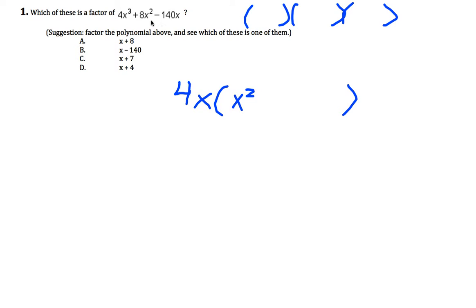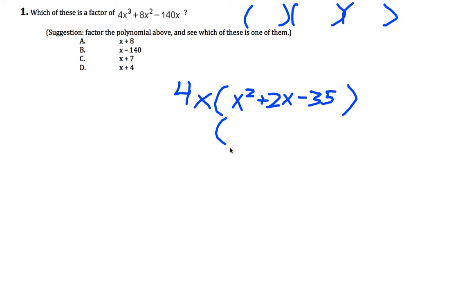If I factor 4x out of 8x squared, basically I'm dividing it out of 8x squared. I'm left with the 2 that 8 divided by 4 left, and I'm left with the x that dividing 1x out left. And it turns out that negative 140 actually makes negative 35 when you divide it by 4, and the x already left over here. So 4x divided out, factored out, and this is what remains.